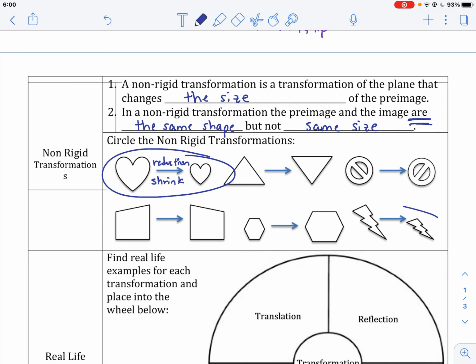The lightning bolt did get smaller, so it was also a reduction. So that is non-rigid because the size has changed. The hexagon, the size has changed. So this is an enlargement. And this quadrilateral, the size has not changed. So it is not a non-rigid transformation.